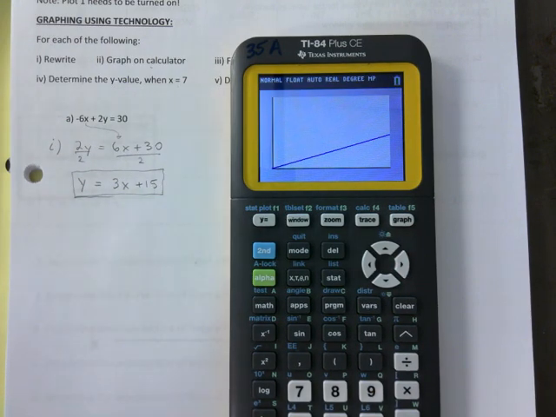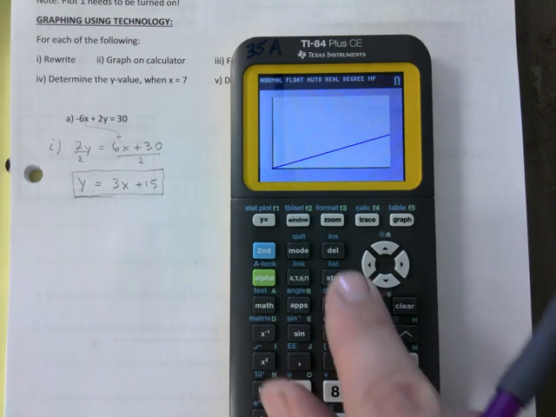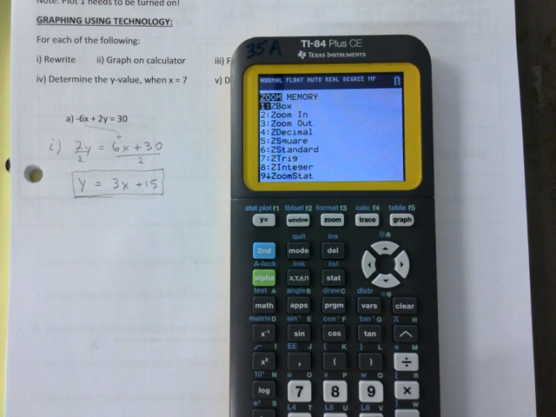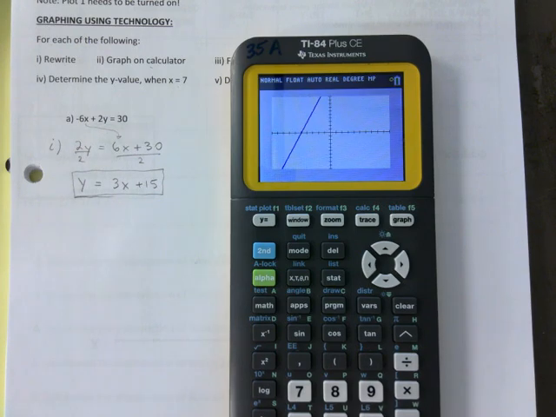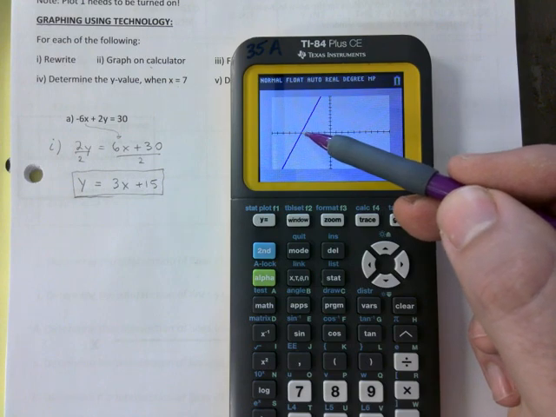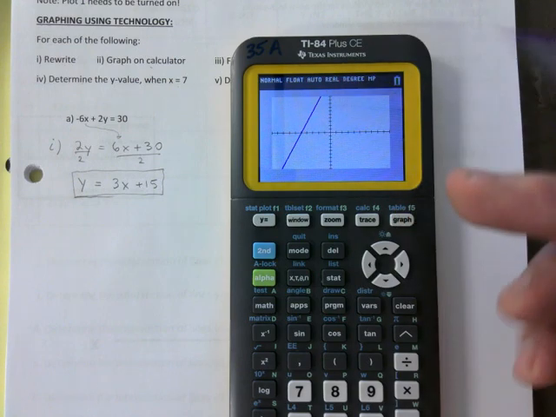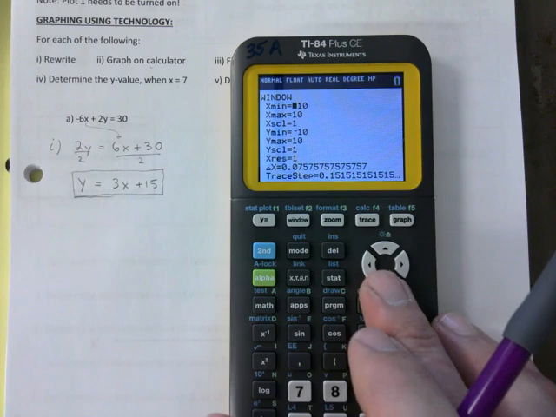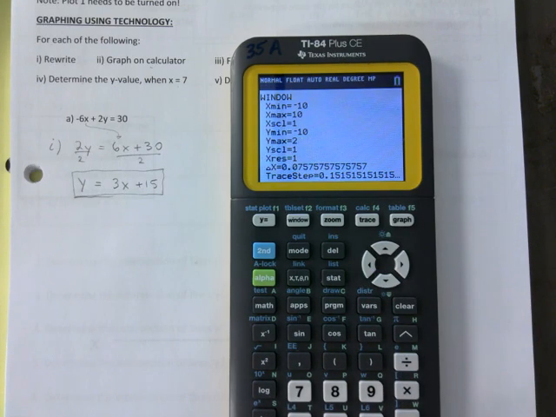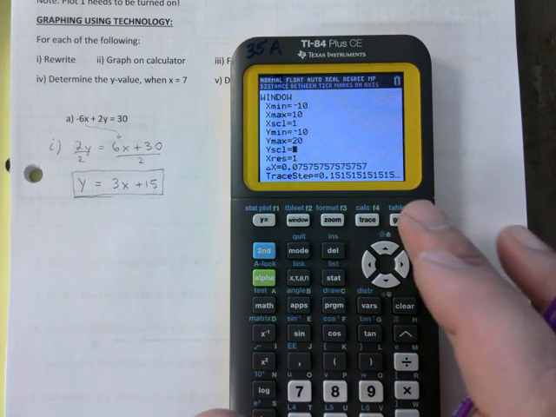But it's more than likely that you use it for quadratics. So let's go zoom 6. Let's all look at the same screen. Zoom 6 is zoom standard. There's my x-intercept, but you can tell that the y-intercept is outside the window. So we go window, y max. I'm going to go 20 for y max.